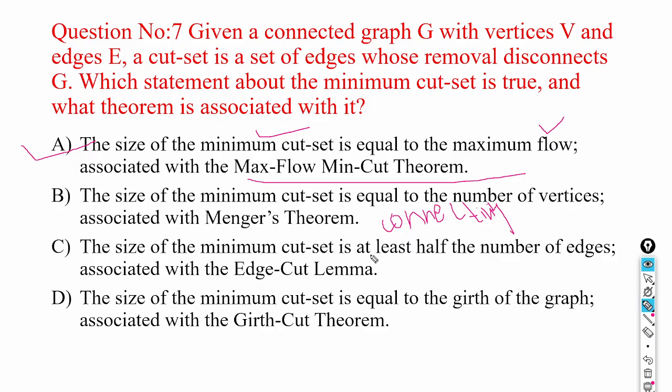So the size of the minimum cut set at least half of the number of edges, associated with the edge cut lemma, is also not a standard theorem. And the gut cut theorem: no such theorem exists in data structures. This is the wrong term.